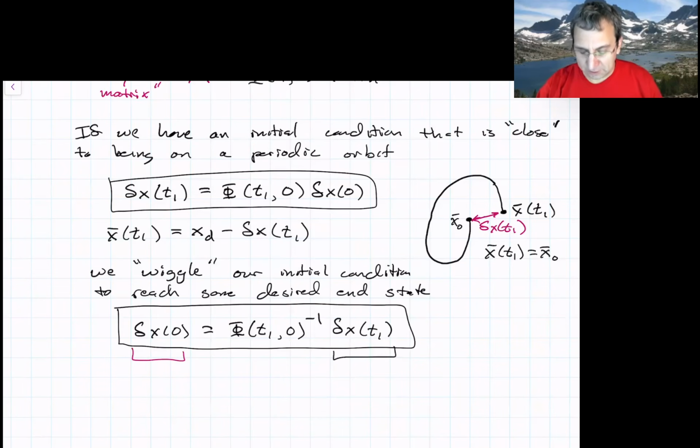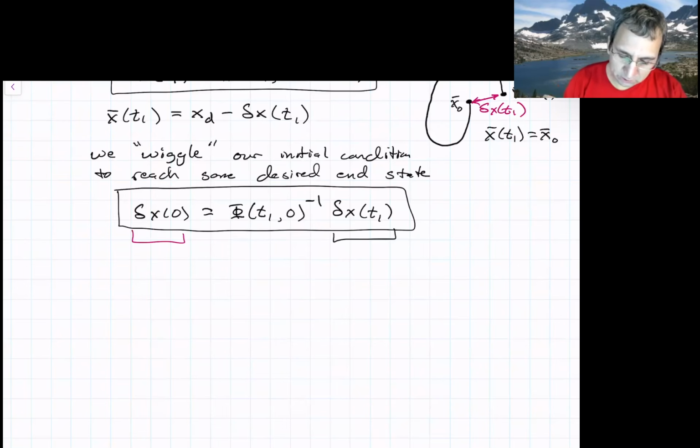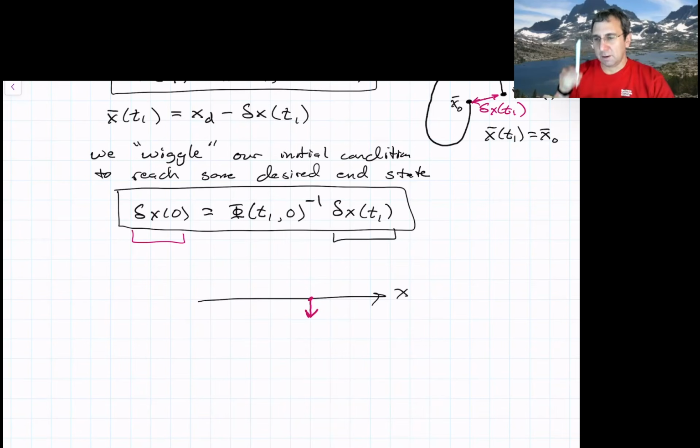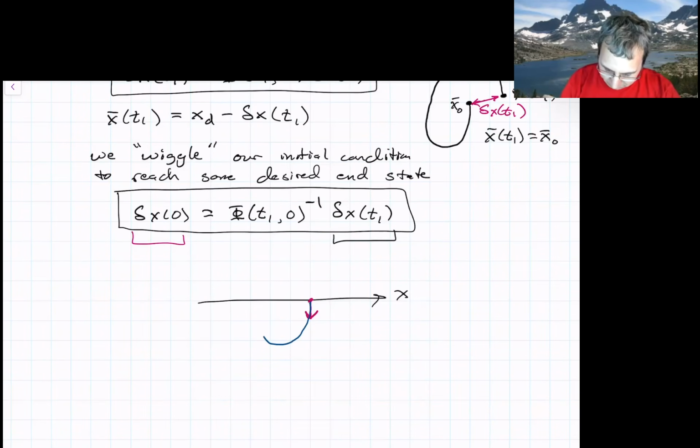We'll implement this. I've got some code that'll implement this and find a periodic orbit. In fact, what we do is we use a symmetry of the three-body problem along the x-axis. If you start with some initial condition that's on the x-axis and has only a velocity in the y direction, and then you follow that initial condition, there's going to be a mirror image trajectory that's going the opposite way in reverse time.